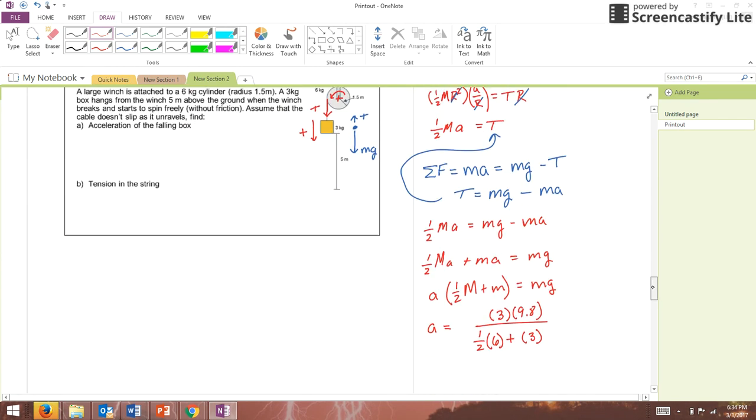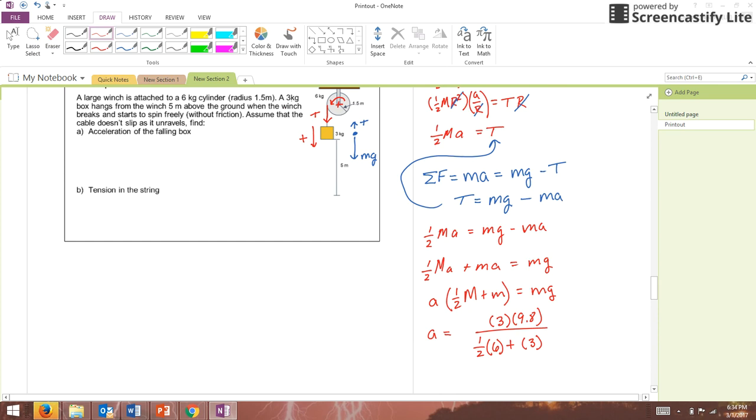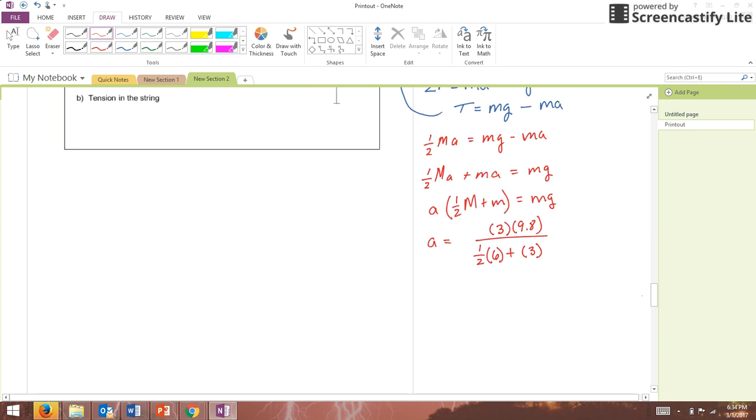The mass of the block here is 3, and the mass of the cylinder is 6. So that's that, and you should get that your acceleration is 4.9 meters per second squared.